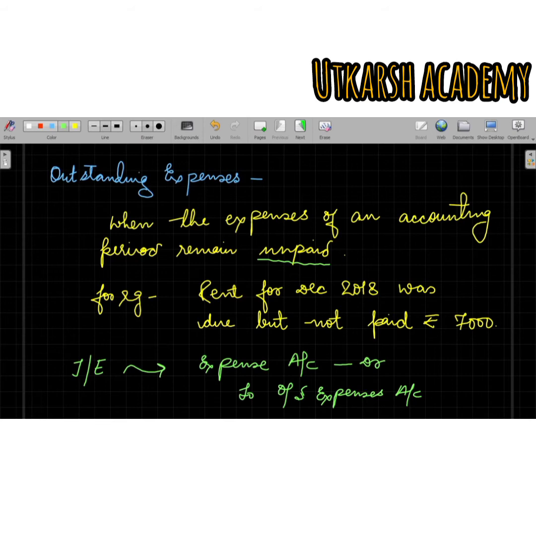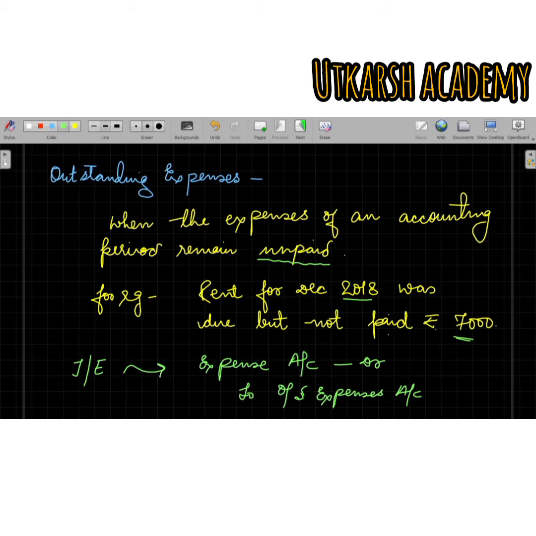For example, rent for December 2018 was due but not paid. That was rupees 7,000. So it is a kind of outstanding. It means it is due. We lived in that room in the month of December, but although the rent was due, we did not pay for it.